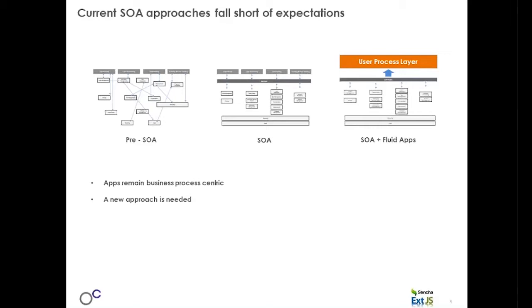They need to take full advantage of the SOA investments, which will better demonstrate the benefits of all the investments that have been put into that infrastructure. And what's really needed is more focus on the user process layer that sits above your business services. And this is the opportunity to help realize the true benefits of the SOA and address the shortfall of expectations.